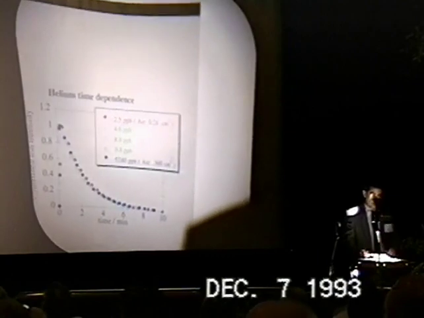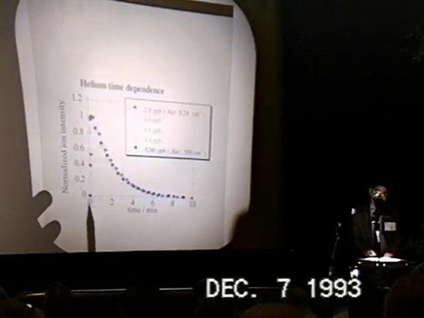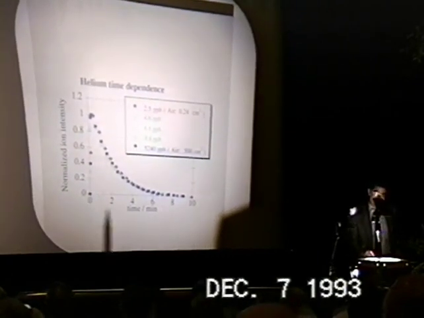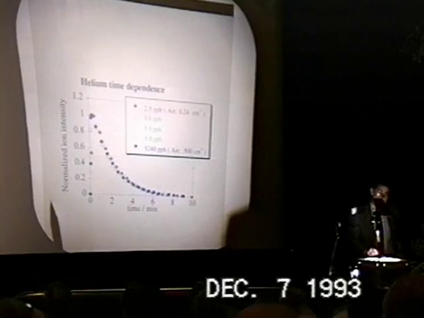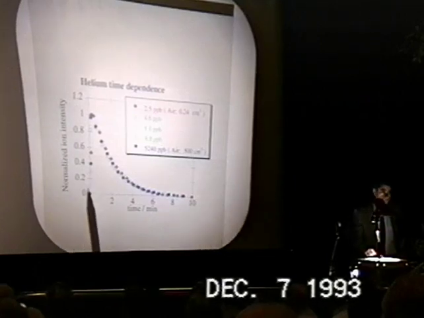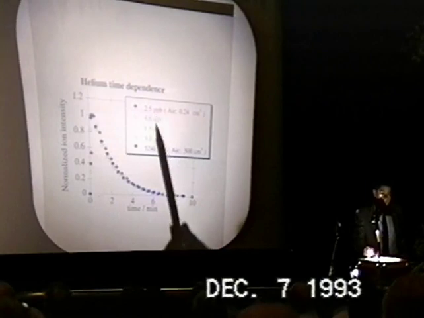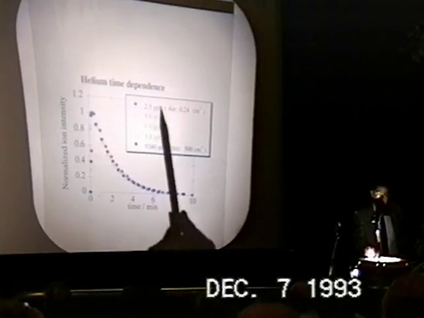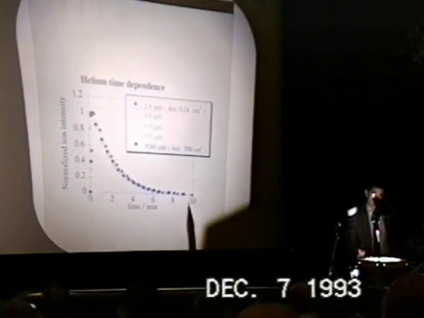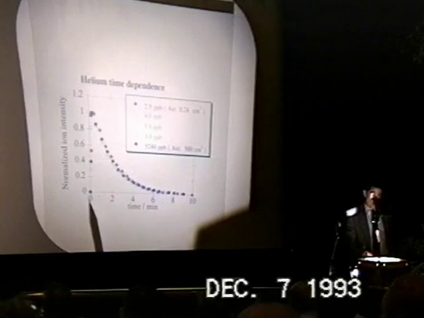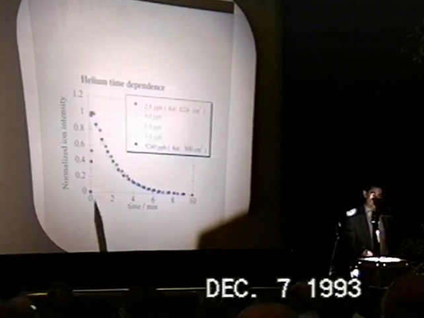So this helium time dependence you can see here. Please notice that we have normalized the line intensity when admitting quite large different amounts of air, in this case into the ion source. We have a time scale on the order of minutes, so our signal in the ion source lasts for 20 minutes.